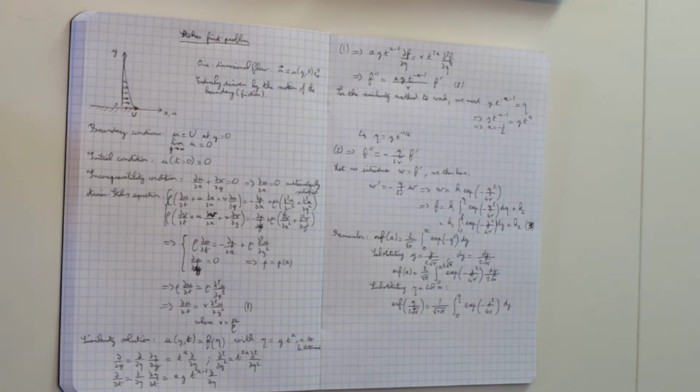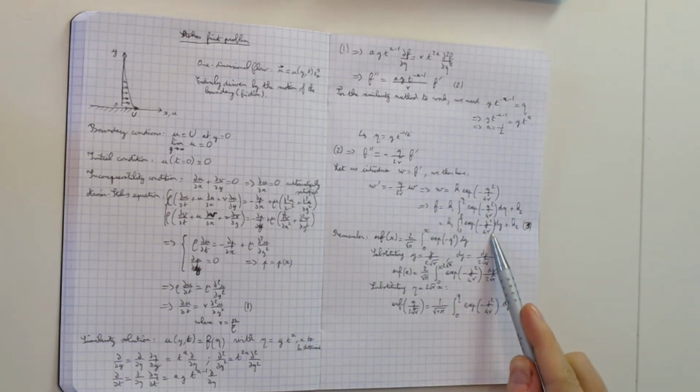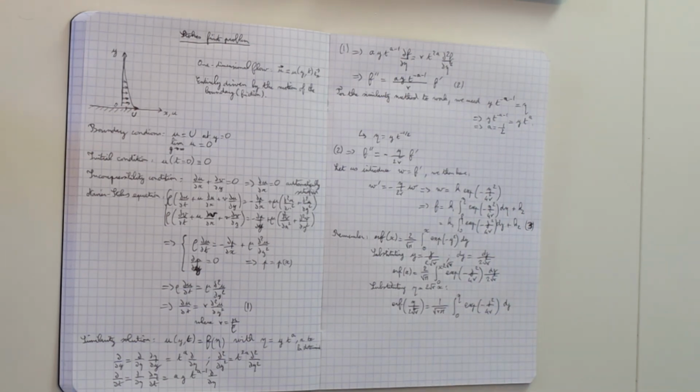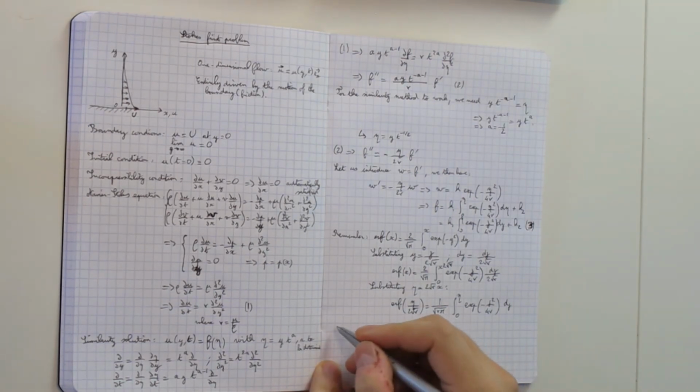So that gives me that expression. And lo and behold, what you see here is the same expression as there, except for that parameter here. So what we can do is replace this expression in equation number 3.